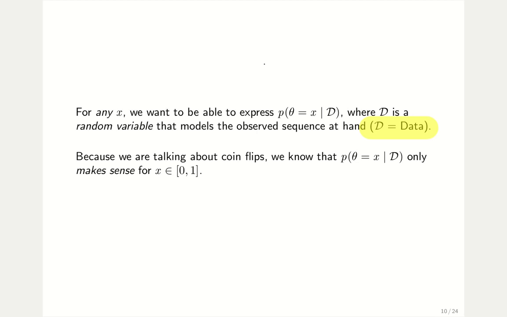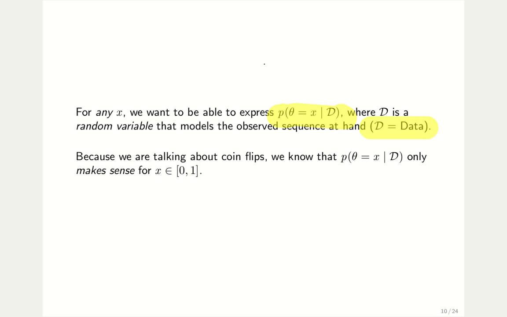And what we're interested in now is the distribution of our parameter theta after seeing the data. And we do that by conditioning on the data. This is also called the posterior distribution. We'll talk about this in a second.